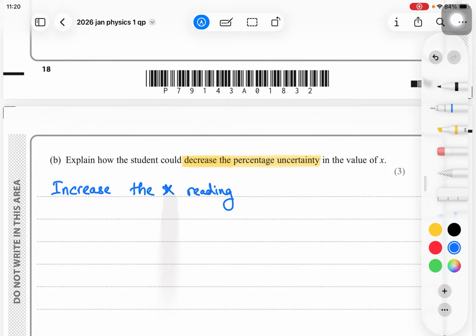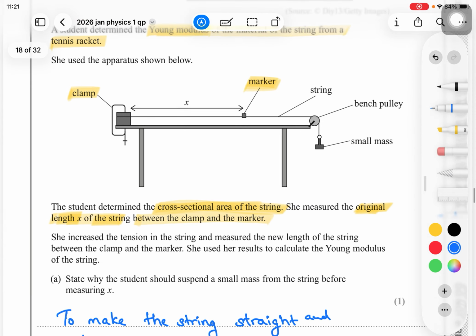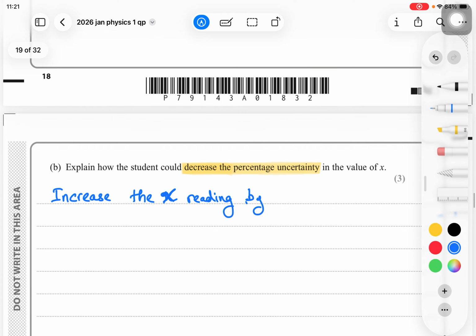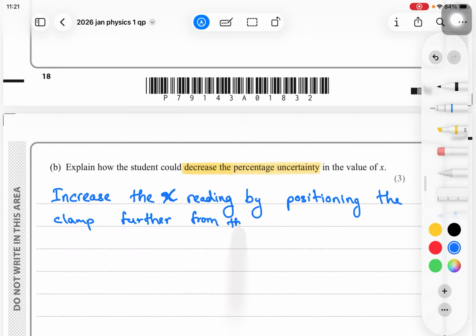So increase the x reading by positioning the marker further from the clamp. This is the one thing we would do.